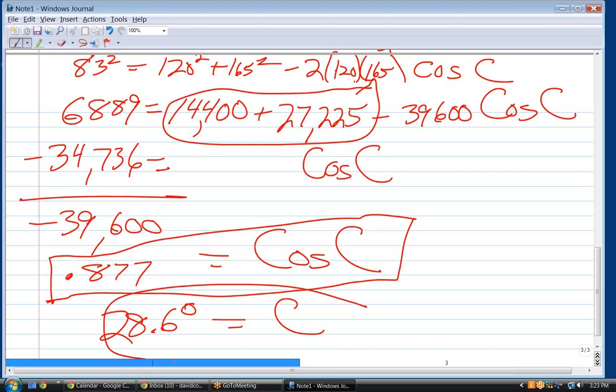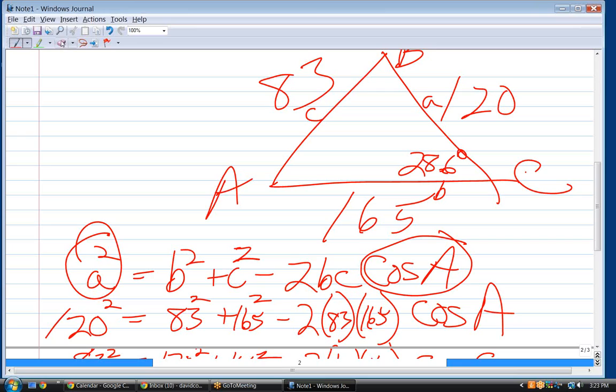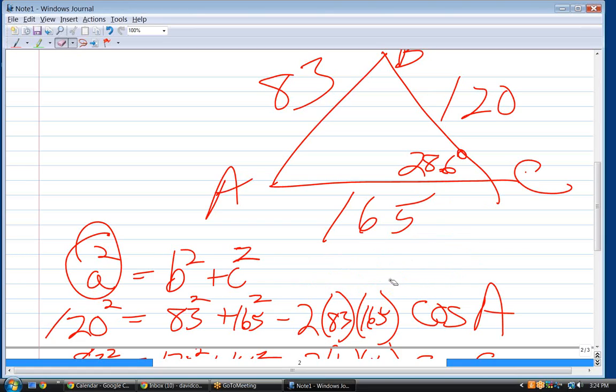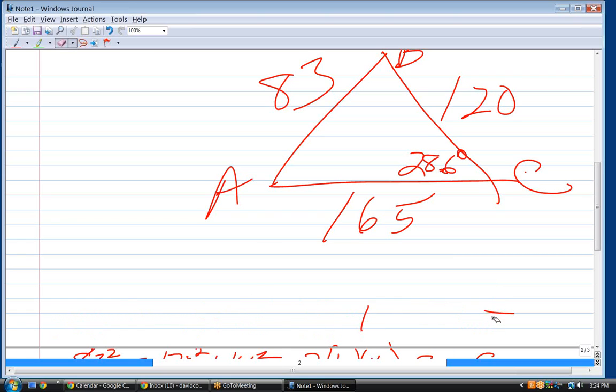All right. Once you've solved for one angle, and that's always the first step in solving a side-side-side triangle, now you can use the law of sines.